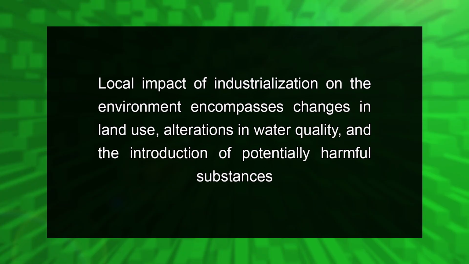Overall, the local impact of industrialization on the environment encompasses changes in land use, alterations in water quality, and the introduction of potentially harmful substances. Likewise, the air in the vicinity of the industrial facility would be contaminated.